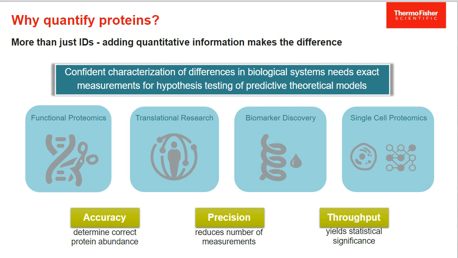In order to confidently characterize these biological systems, one would require confident and accurate quantitative information. This in turn would lead to statistically significant results for hypothesis testing in a particular biological system of interest. In addition to highly precise and accurate quantitation, high sample numbers are still required to ensure statistical relevance of the results, considering the high biological variance.